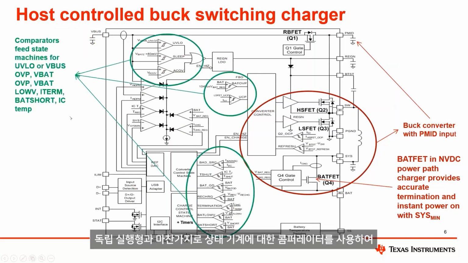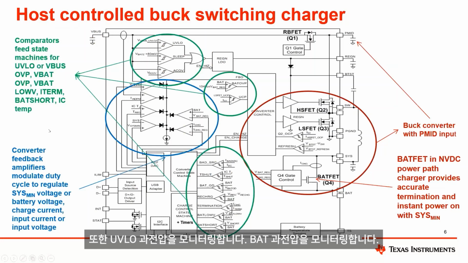Just like the standalone, we do have comparators for the state machine to determine which phase of charging you're in, or if you're in some sort of fault state, and also monitoring UVLO and overvoltage. We monitor BAT overvoltage, and then similar to what we saw on the standalone, we have feedback amplifiers.